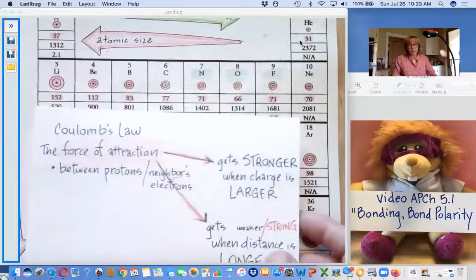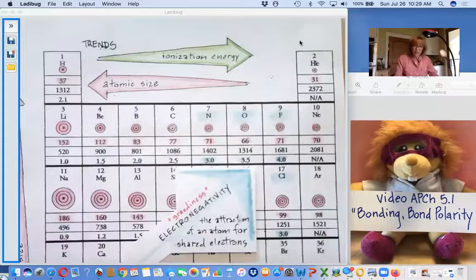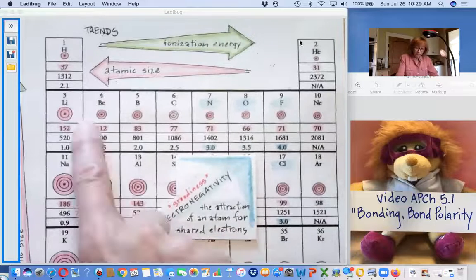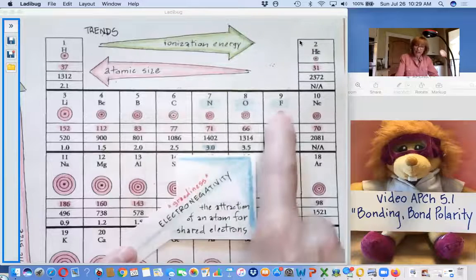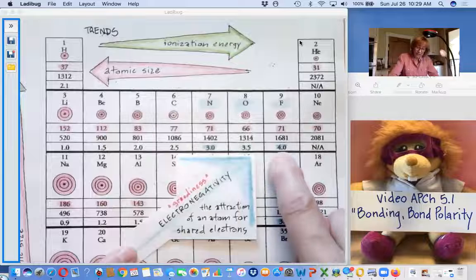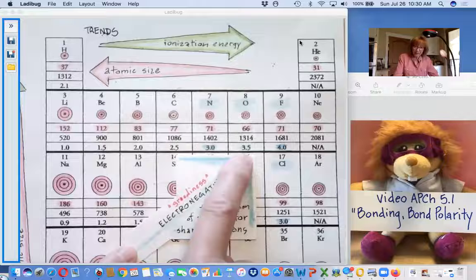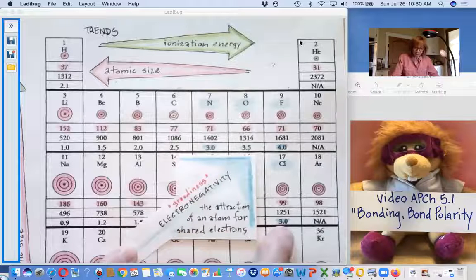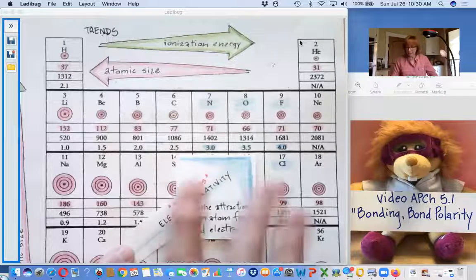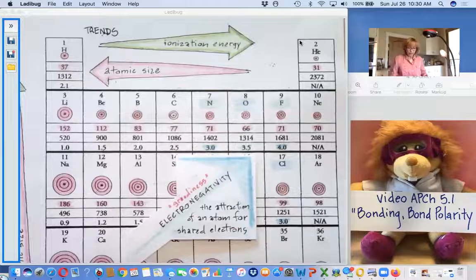Okay, so this electronegativity trend, which increases as we go up and to the right, culminating in fluorine being the very most electronegative, oxygen second most, and nitrogen and chlorine tied for third place. That's the trend I would like you to remember.